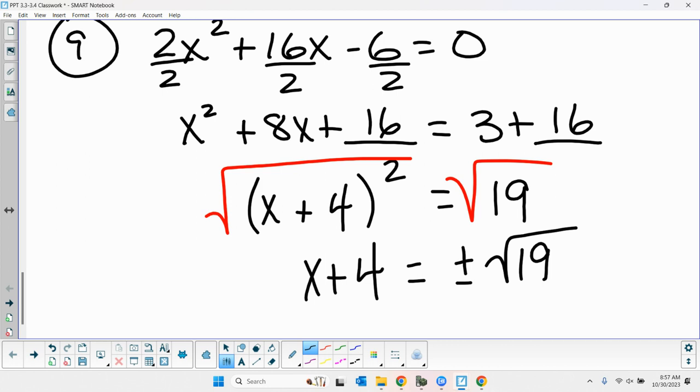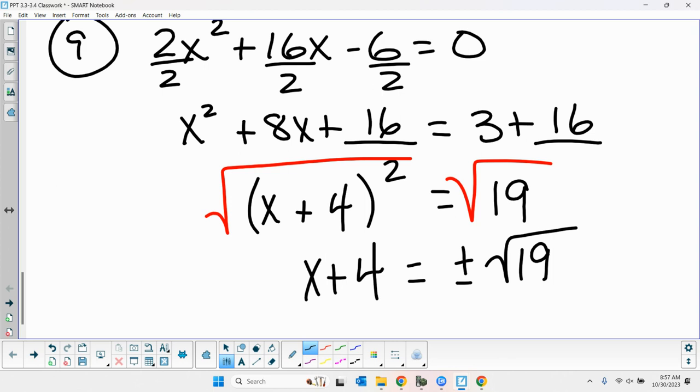All right, so since we don't have a perfect square, we try to simplify it. Is there any factor tree I can do with 19 to simplify that radical? No, right? Just 1 times 19, what we call a prime number.